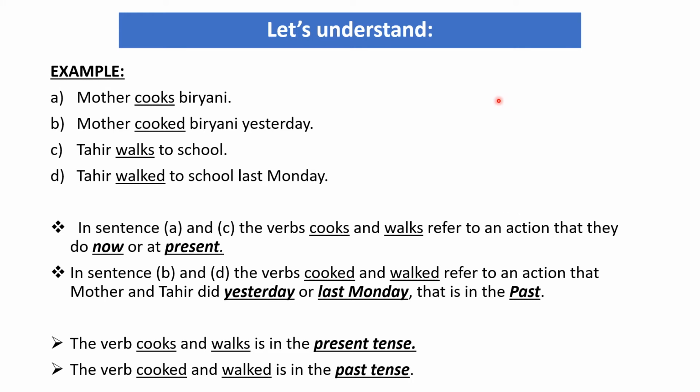Let's understand. Now here you can see the examples. Mother cooks biryani. Mother cooked biryani yesterday. Tahir walks to school. Tahir walked to school last Monday. In sentence A and C, as you can see here, the verbs cooks and walks refer to an action that is done now or at present.